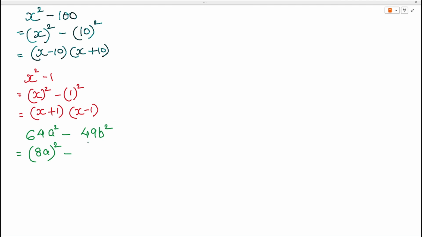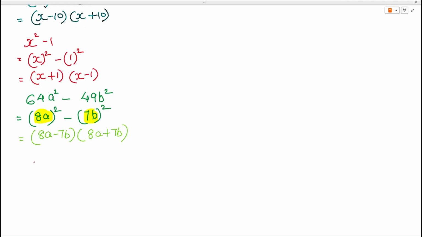In a similar way, 49b squared can be written as 7b, the whole squared. Right now, this is our term a and this is our term b. So we should be able to write it down as a minus b multiplied by a plus b, and this has been factored.